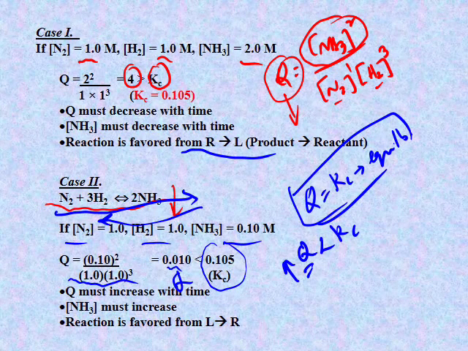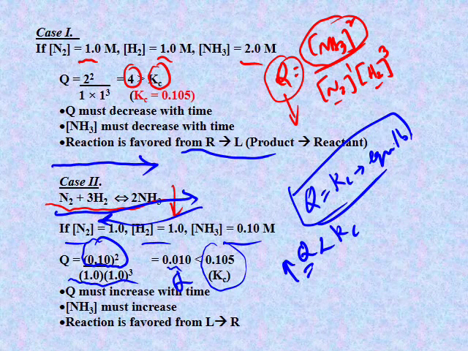So Q must increase with time, and you already know the definition of Q. The top number in this case is the product, so Q value going up means the top number has to go up. That means product concentration has to increase. Product concentration can only increase when the reaction is happening favorably from left to the right. So more nitrogen and hydrogen are reacting to produce more ammonia.